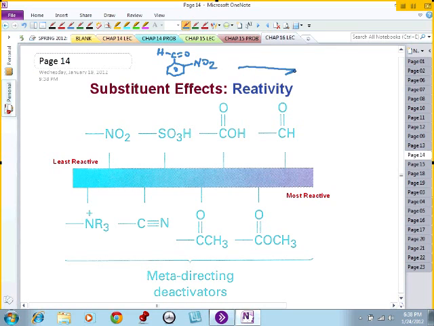And I give you this reagent. I say, give me the product of this reaction. Okay, what would the product be, based on our discussion so far?